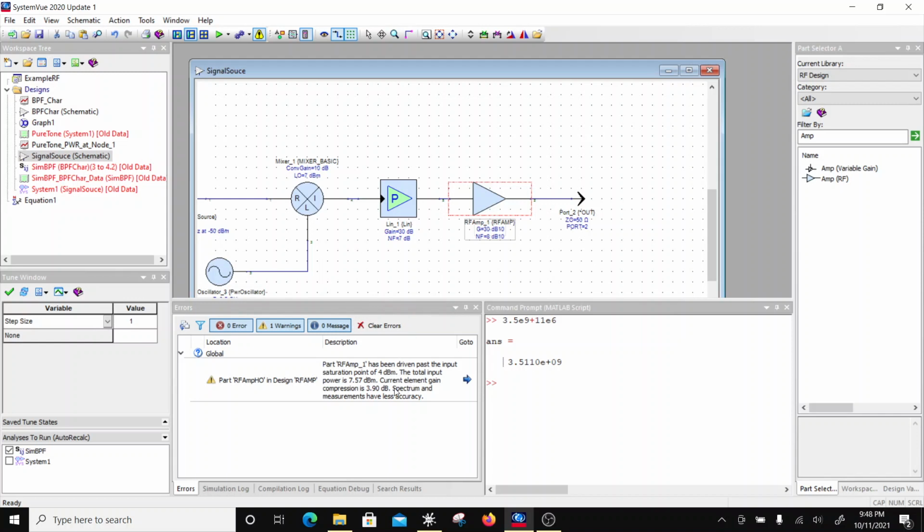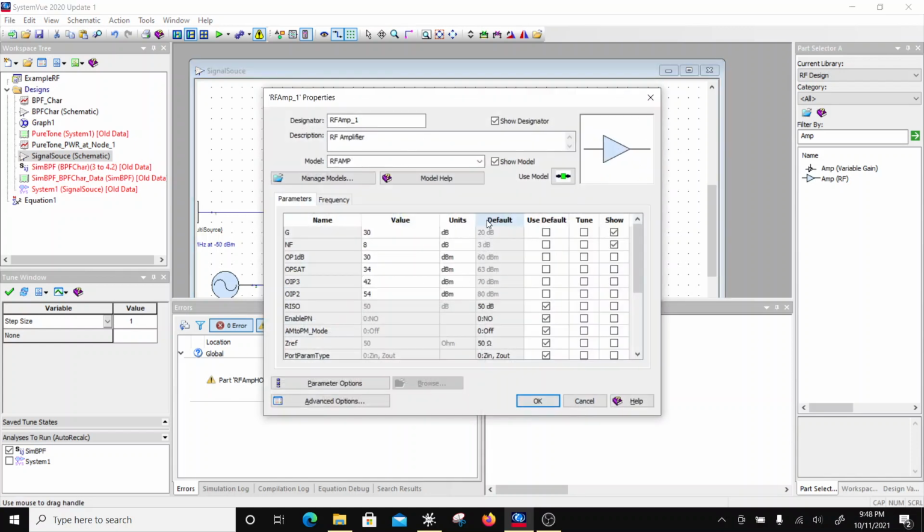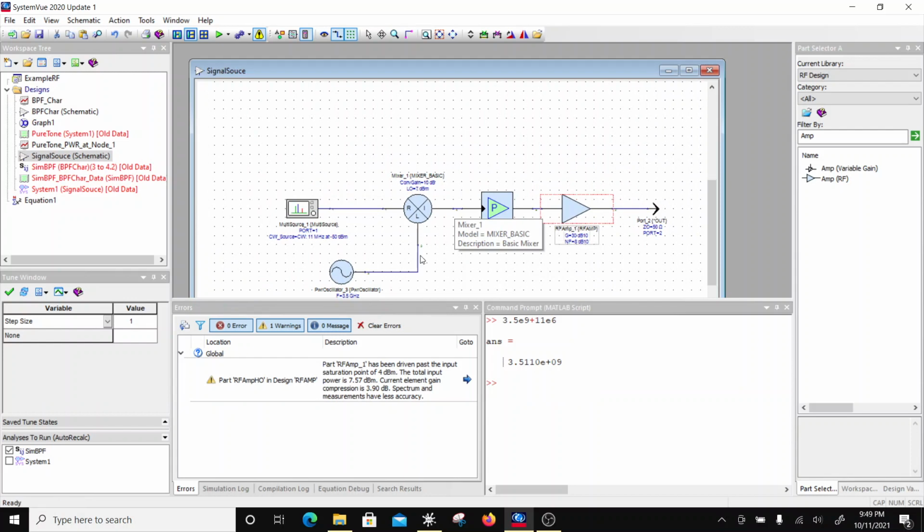And ten plus 40 gain. So why would be hitting the saturation? Let's try to understand that. This is compressing at 30 dBm output. Saturation is at 34. So of course it's saying that it is compressing because the input power is at 7. Why the input power is 7?